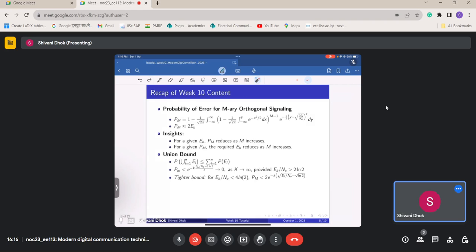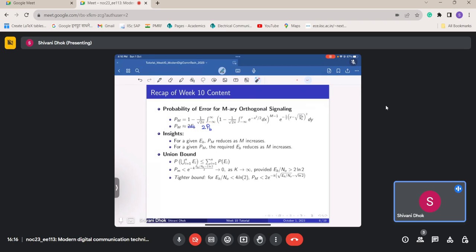After this, we went on and looked at the probability of error for M-array orthogonal signaling, and basically we did it for any orthogonal signaling. We found the symbol error probability as something like this, and we also derived that this symbol error probability is approximately equal to twice the bit error probability.